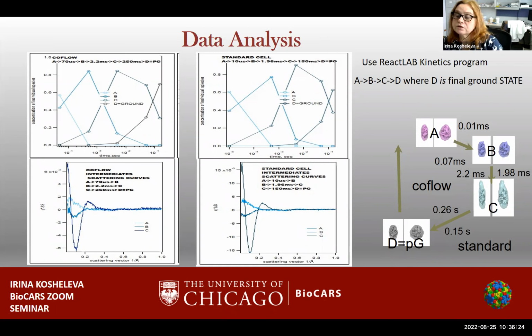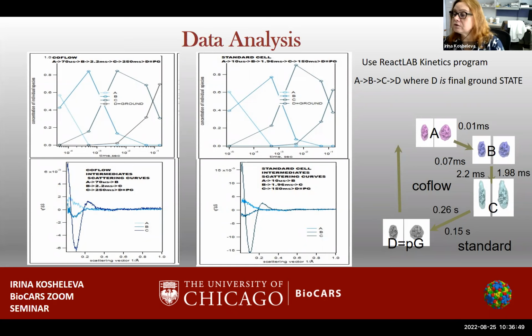This is not very serious modeling at all. I used the data up to 1 inverse angstrom scattering vector to analyze them. I didn't do any heating signal subtraction. I just took the data at 1 inverse angstrom and used it as it is.